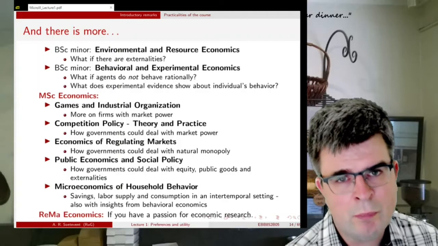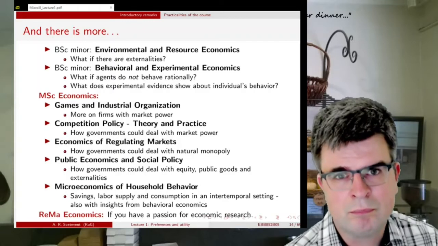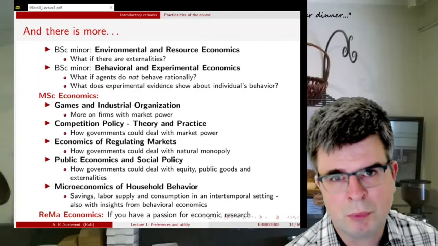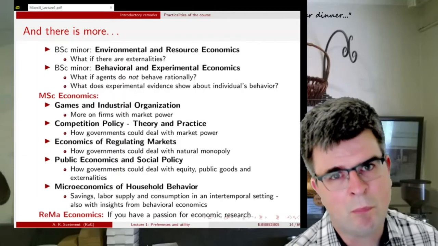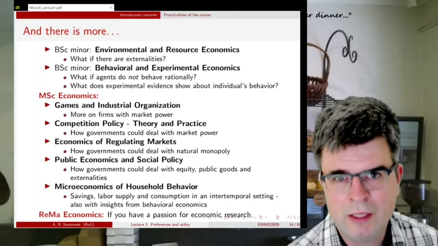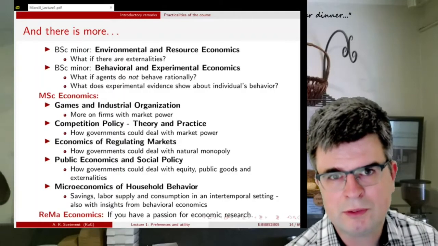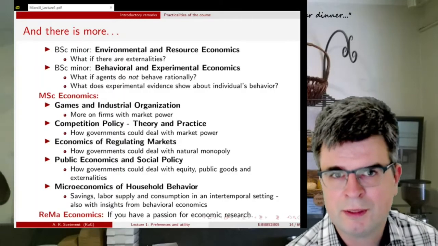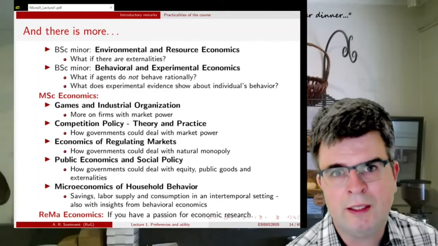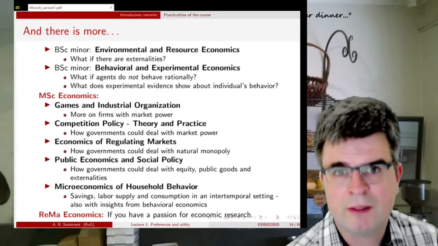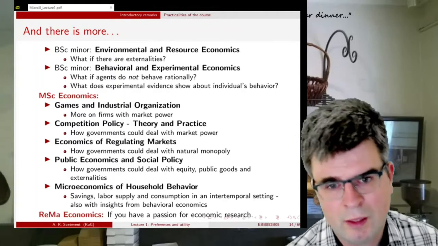Then you may also consider subscribing to the Research Master, which is a 2-year program, which has the advantage that there's more time to really go deeper into economics, and also economics as a science. And you really get fundamental econometrics training, and with the objective to pursue a PhD afterwards.